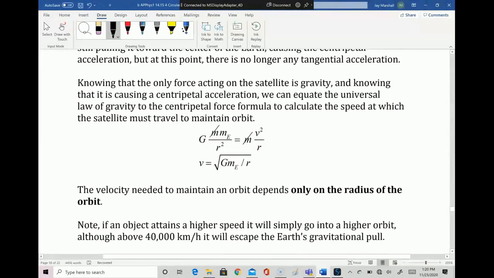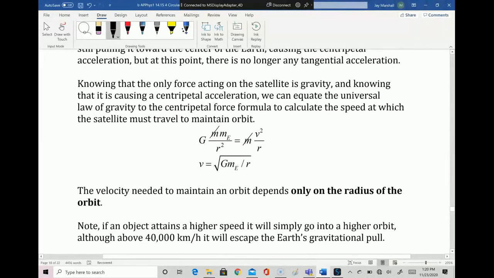But what we want to get to is an expression that talks about the velocity of the satellite at a particular elevation. So knowing that the only force acting on the satellite is gravity, and knowing that it's causing a centripetal acceleration, we can equate the universal law of gravity to the centripetal force formula. And that's what we've done in a lot of other situations too, right? We've said that tension equals mv squared over r.